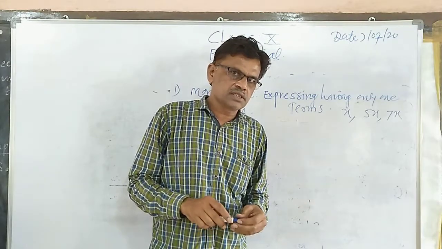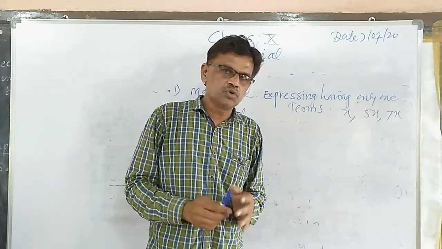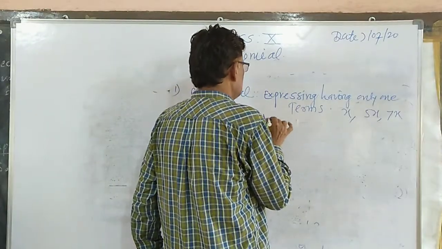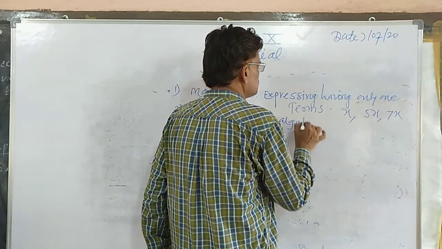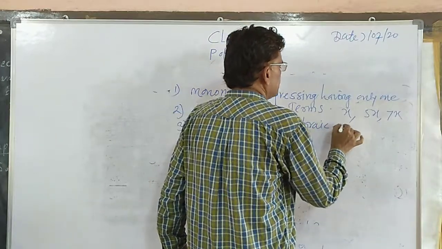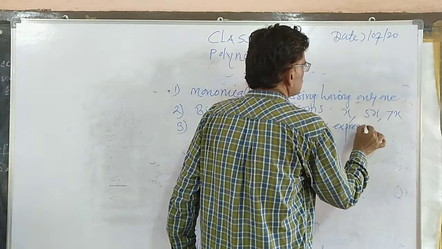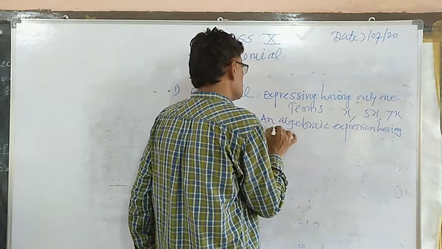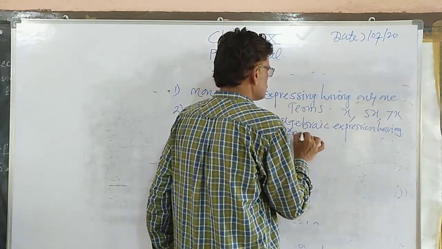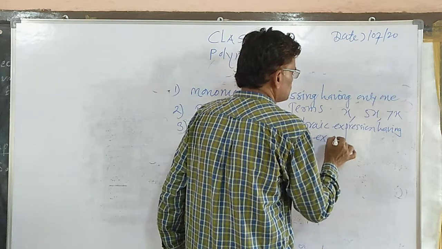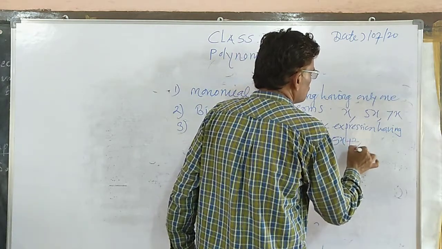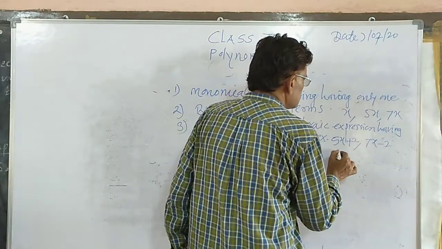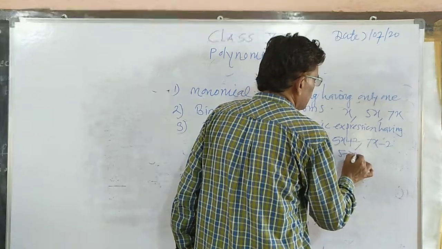In binomials there are two terms, an algebraic expression having two terms. Examples are 5x plus 2, 7x minus 2, and 5 minus 7x.